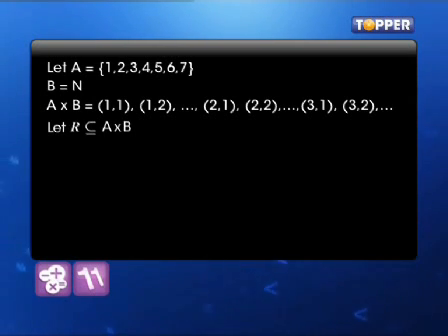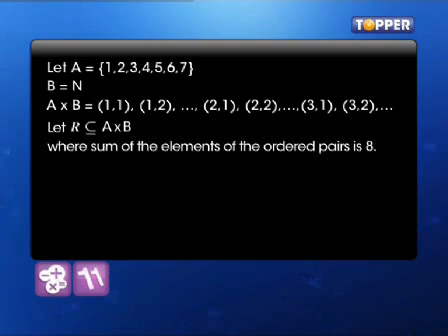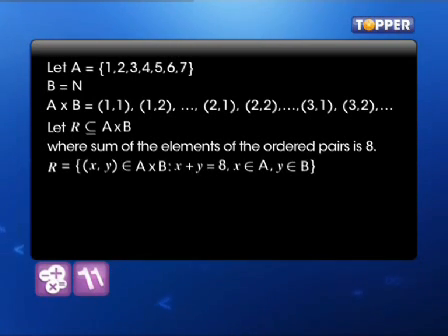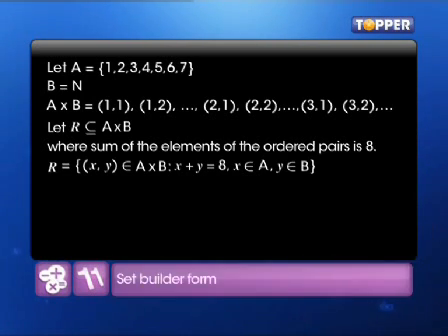Now suppose R is that subset of A cross B where the sum of the first and the second element of the ordered pairs is 8. Then R can be written as the set of ordered pairs (x, y) in A cross B such that x plus y is equal to 8, where x belongs to A and y belongs to B. Remember your sets. And now that's the set builder form of the relation R.